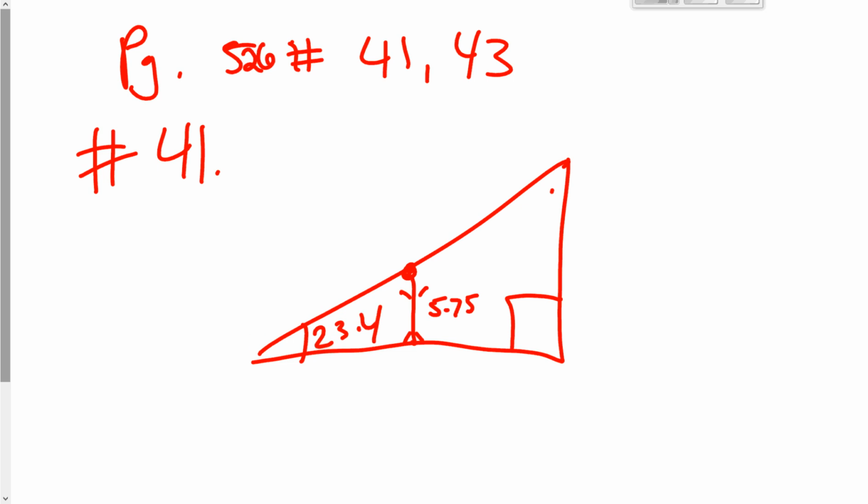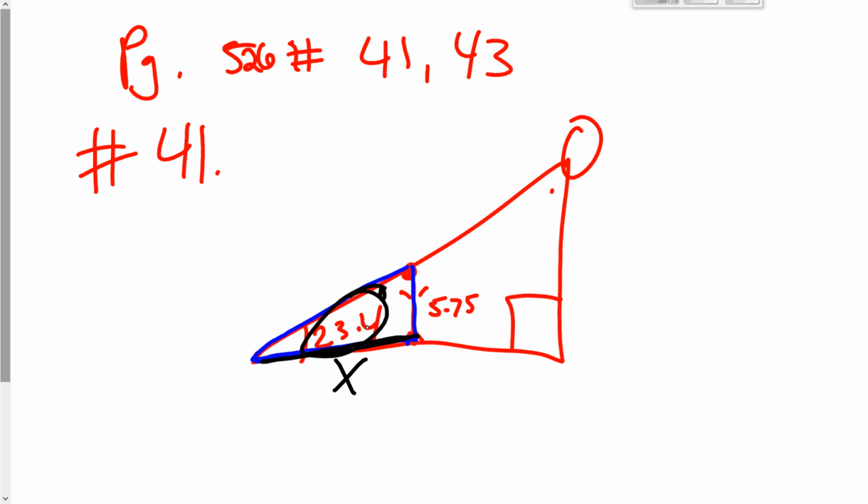Which it is, because it's off horizontal there. And we want to find the length of the shadow cast by the person. So the sun is up here, so the shadow cast would be this distance here. So here's our right triangle, and this is the distance that we're trying to find. So that's X that we're trying to find. Now here's our angle.